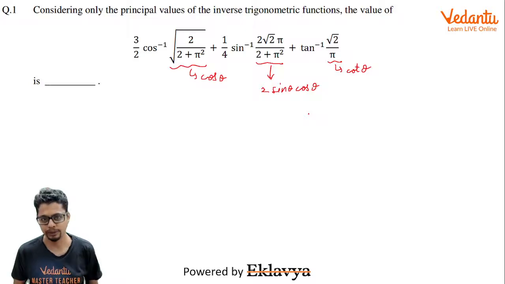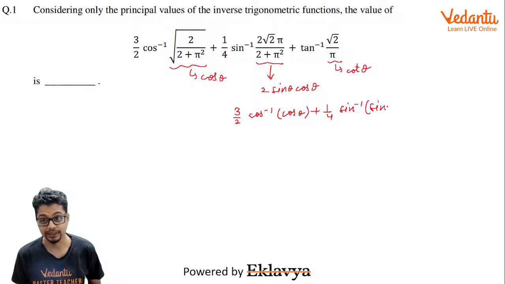You may say 0 to pi by 2, because cos theta is something positive, under root 2 by 2 plus pi square. So essentially it becomes 3 by 2 cos inverse cos theta plus 1 by 4 sine inverse sine 2 theta plus tan inverse cot theta.